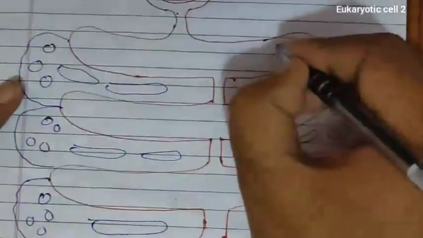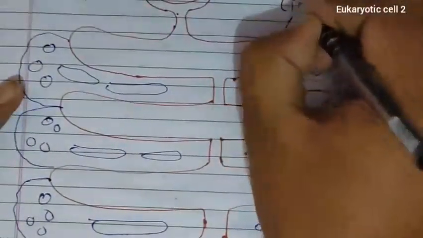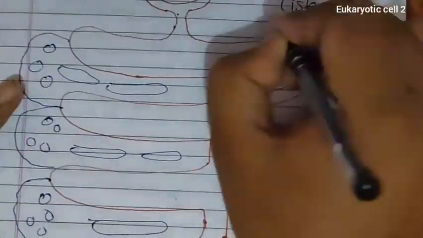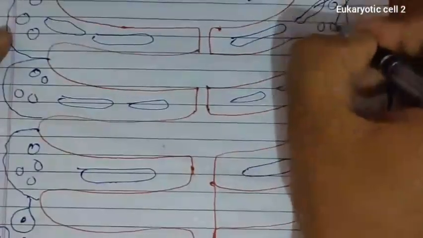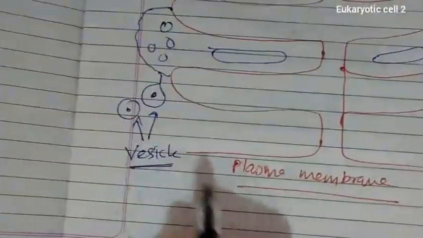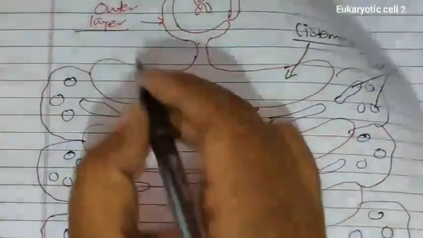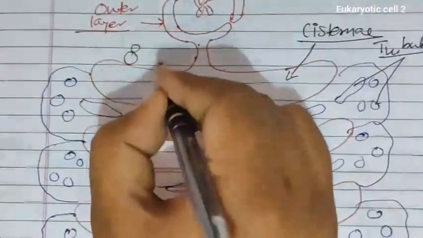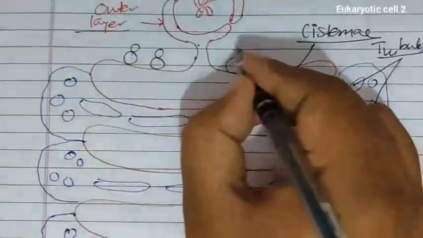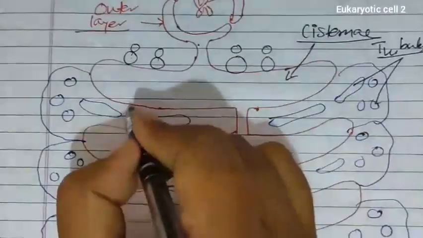So these are cisternae, these are tubules, and here you can see these are the vesicles which are arising from tubules. Now the cisternae are found associated with the ribosome like this.